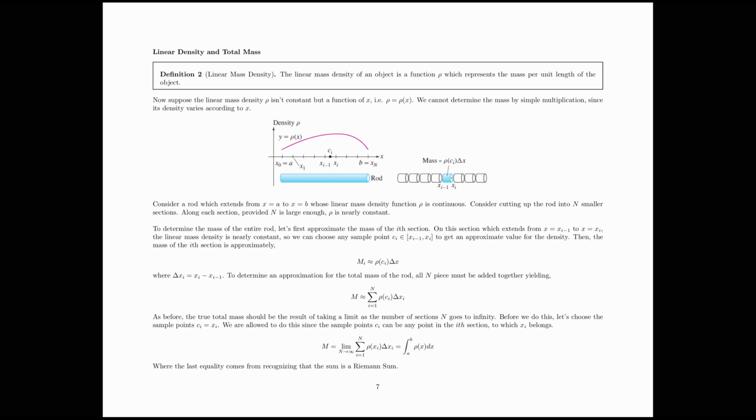Okay, so let's say our density is something that varies with respect to length. So our density function, rho of x, would be the density, measured in, let's say, kilograms per meter, something like that.